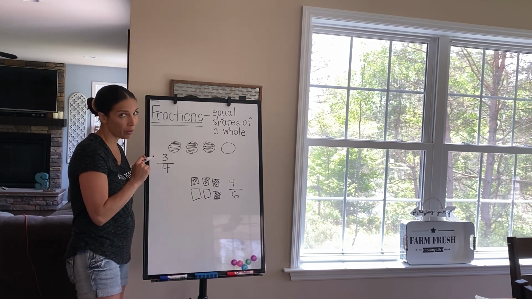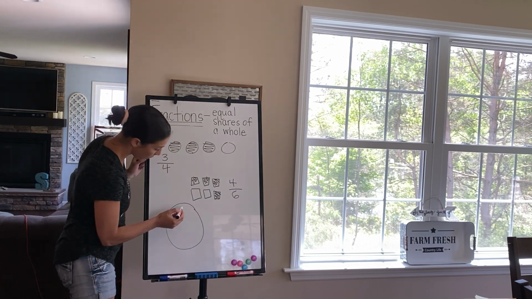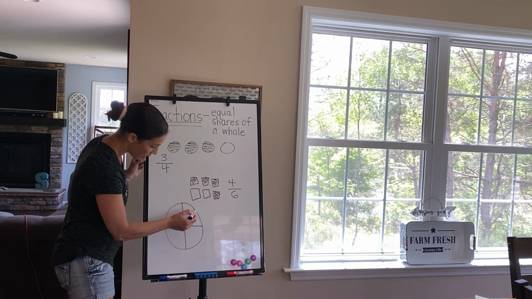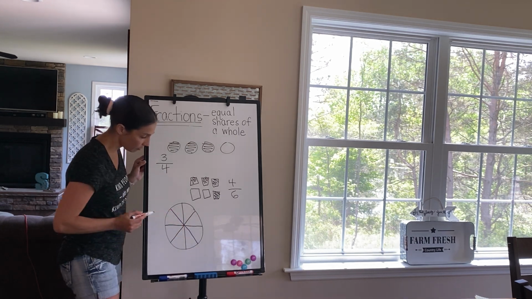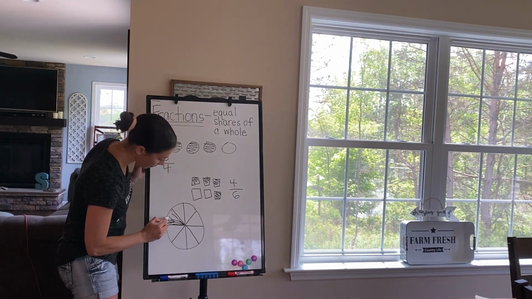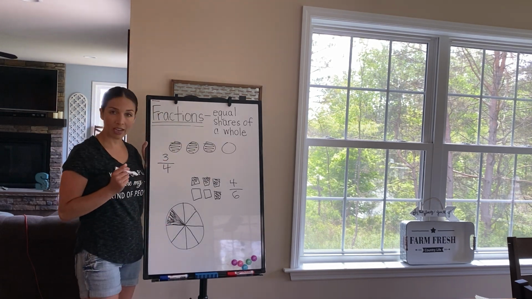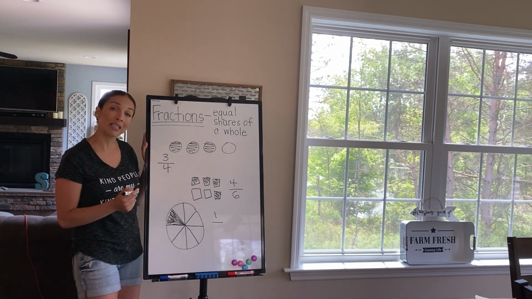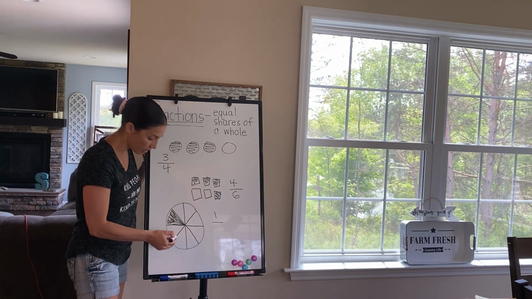All right, I'm gonna do one more with you. And this one is kind of like the square that I showed you a second ago. Okay. Kind of looks like a pizza. How much is shaded? Well, there's one piece shaded over how many total pieces? 1, 2, 3, 4, 5, 6, 7, 8.